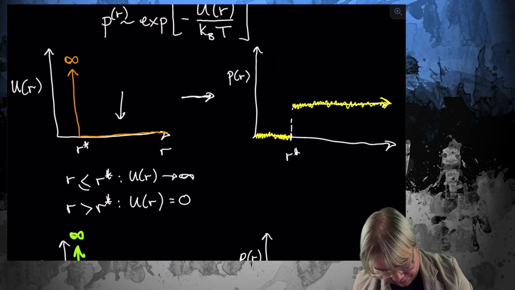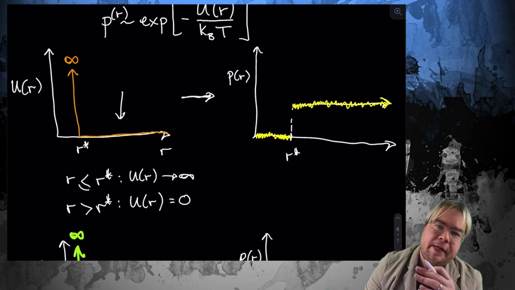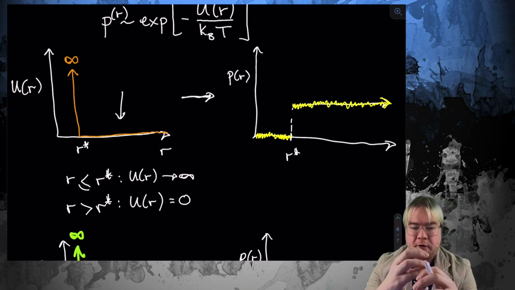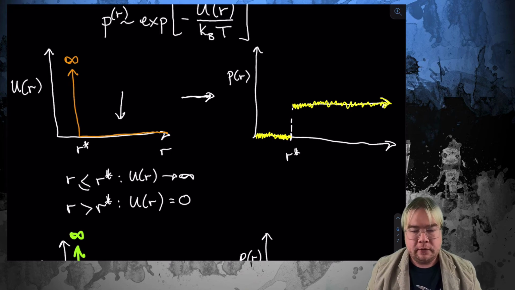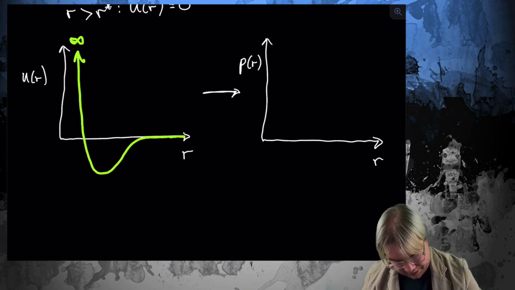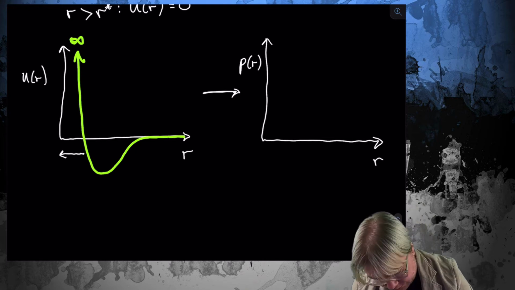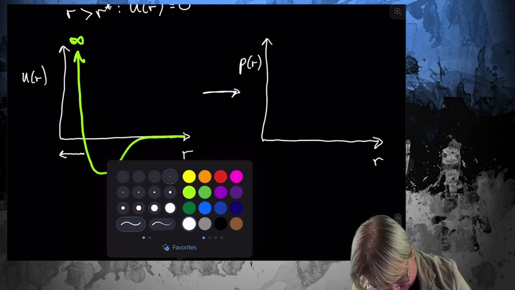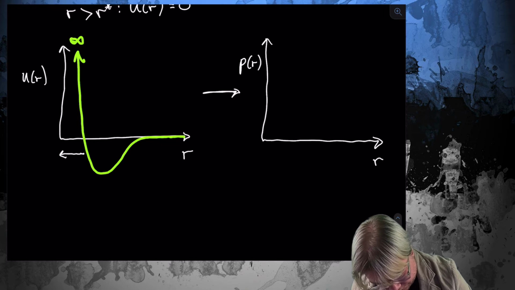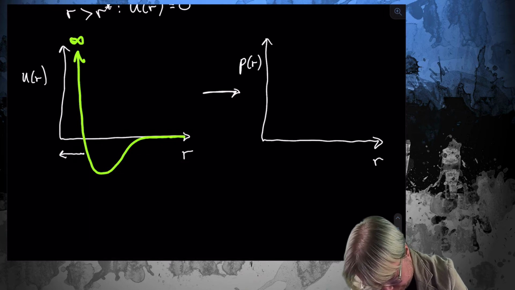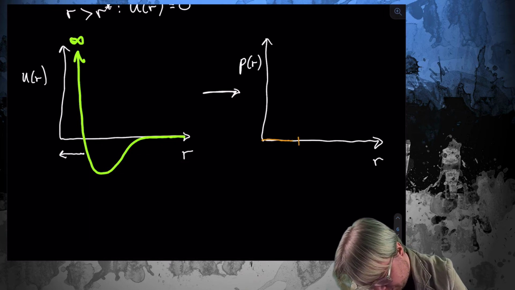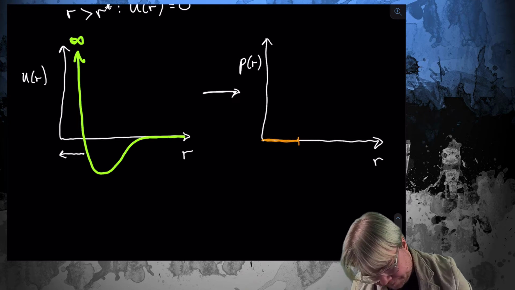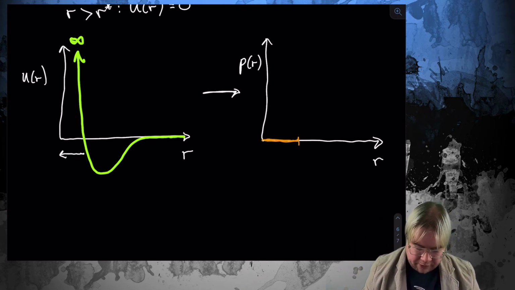Well, if the potential shoots up to infinity, then the probability of those two particles being at those distances is 0. So anything less than that, the probability is going to be 0. So I go over here, and the probability up to a point will be 0. So that's good.